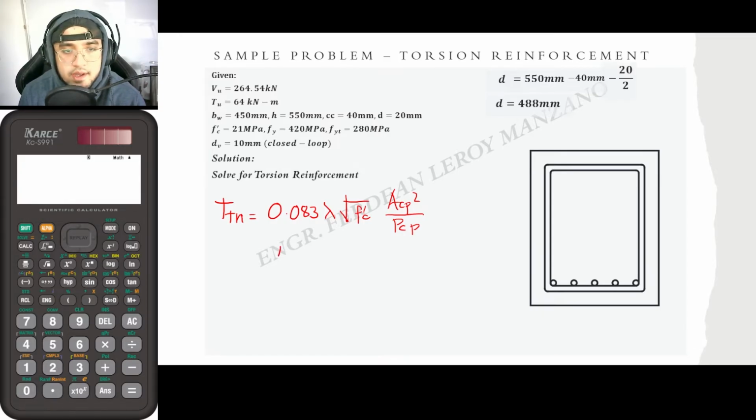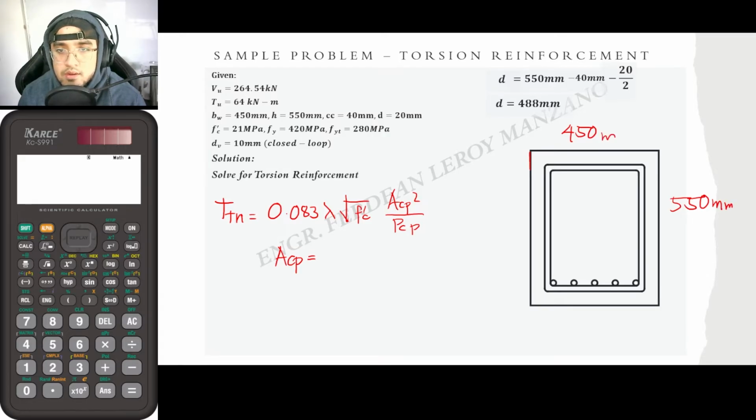So for Acp, this is the area of the outermost section of the beam. So meaning that all of this, okay? So let me just erase that. So take note that this is 450 mm and the entirety of the depth is equal to 550 mm.